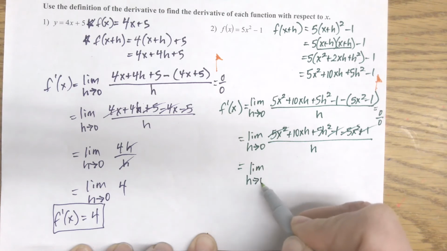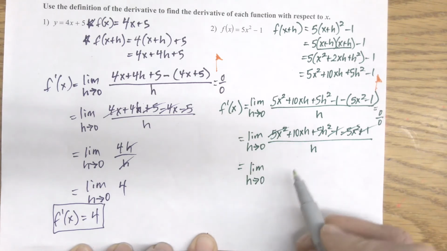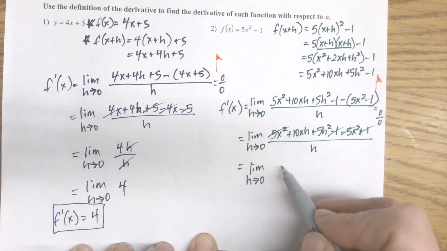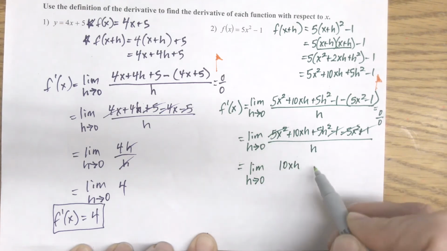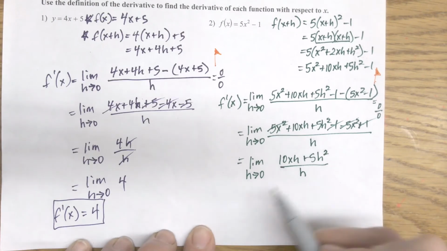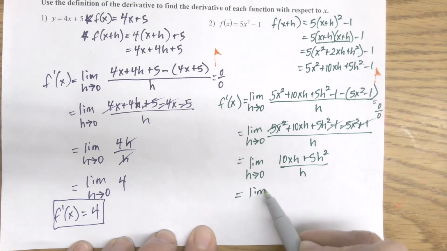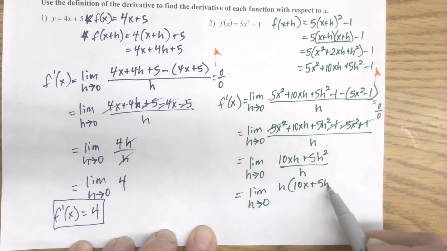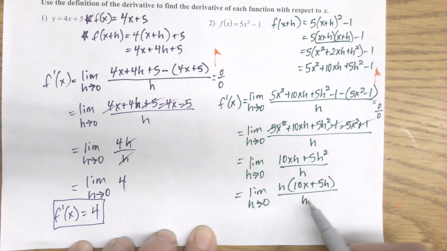Again, I still didn't take the limit yet. I tried earlier. Remember, it didn't work, so I'm going to continue to write that limit. So this is 10xh plus 5h squared all over h. Everything has an h in it, so I'm going to pull an h out of the top. So this is h times 10x plus 5h, all over h. That h cancels out.